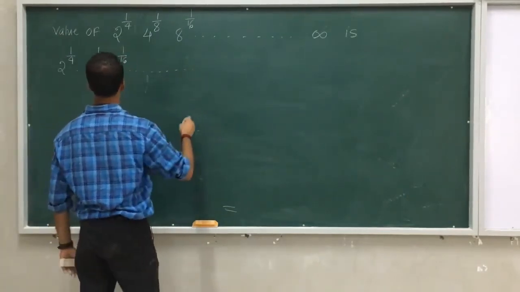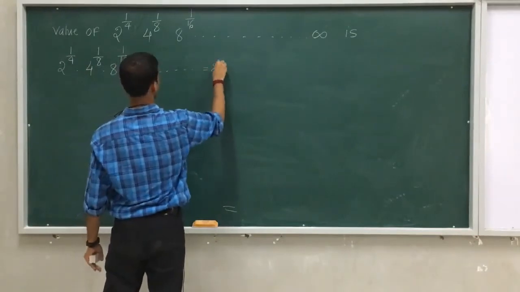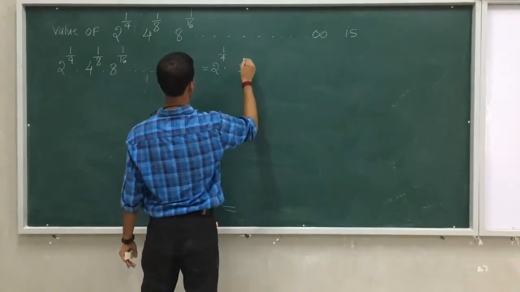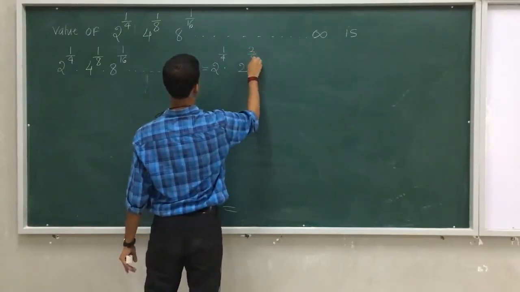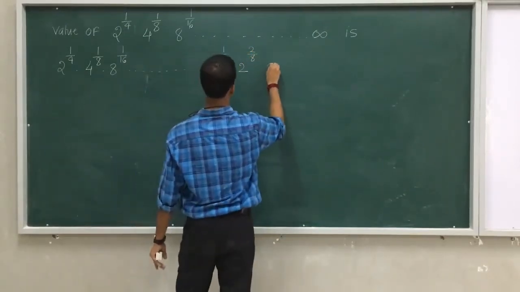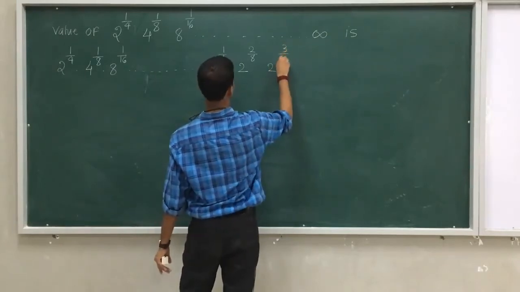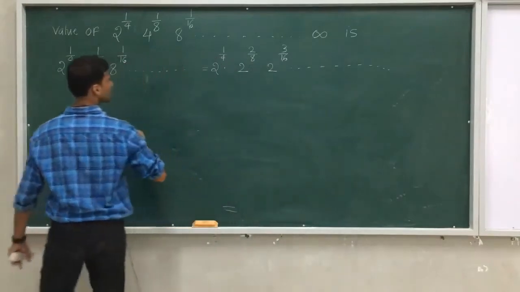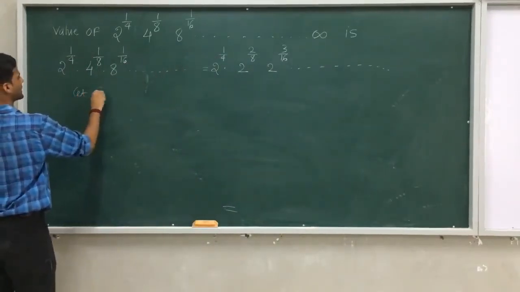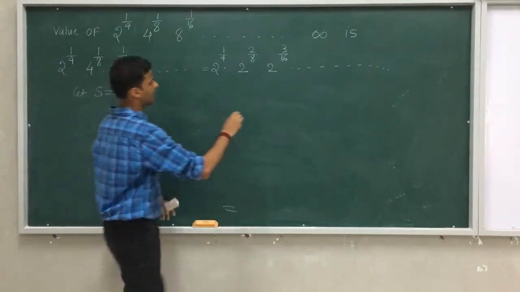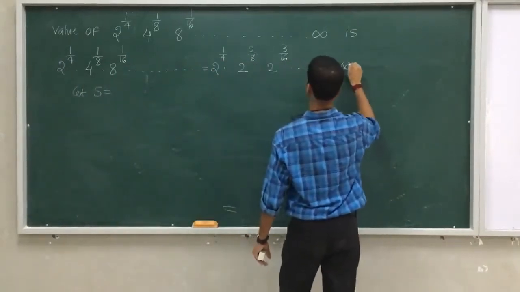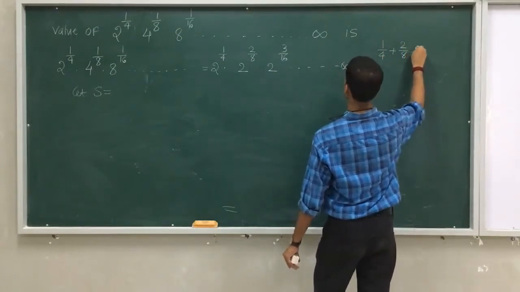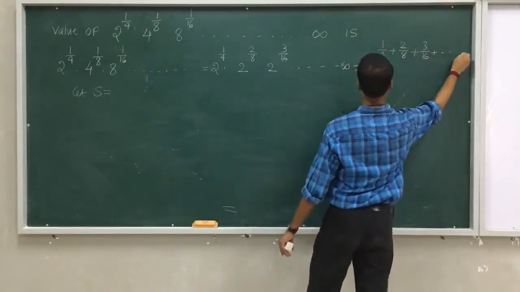This can be written as 2 raised to 1/4. It is nothing but 2 squared, 2/8. It is 2 cubed, meaning 3/16. So again I can write this as 2 power 1/4, 2/8, 3/16.